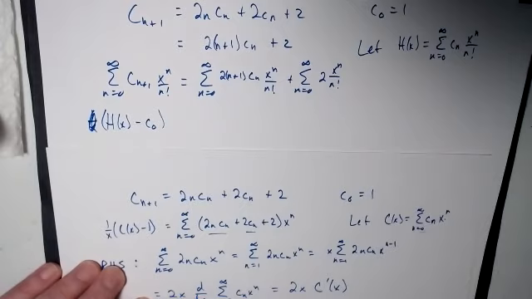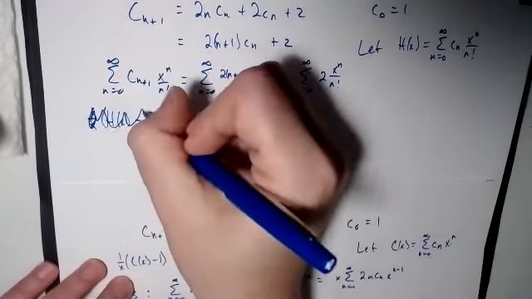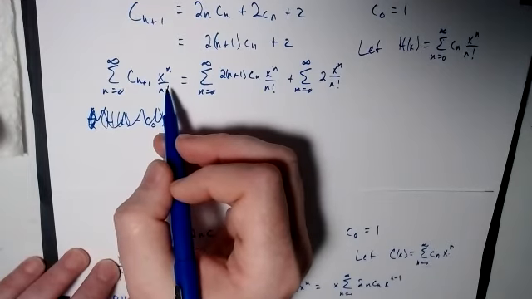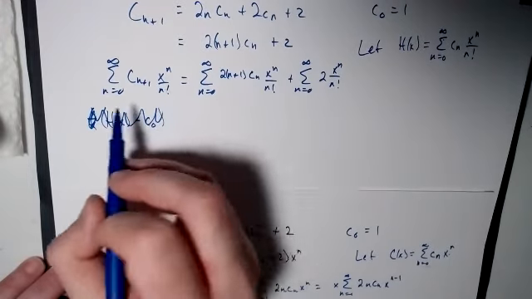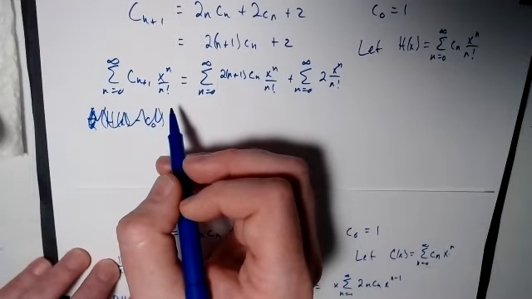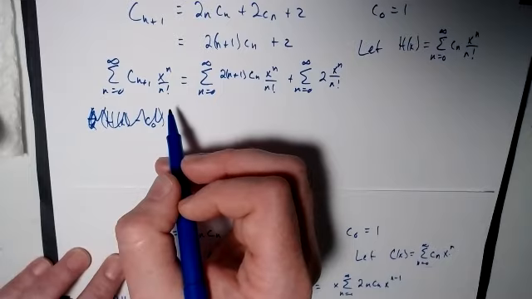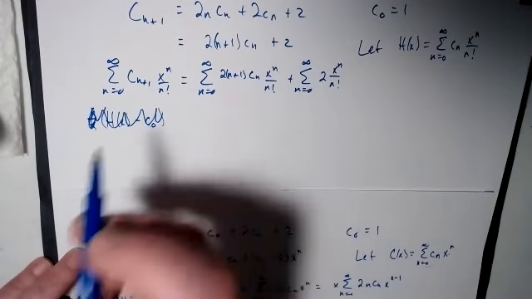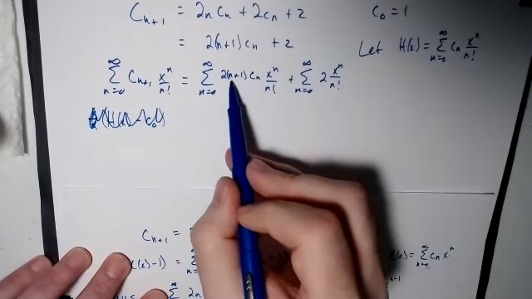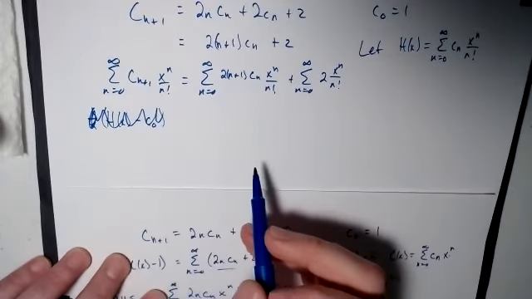Let me actually do the calculation out. Oh, that's the trick I pulled here. Sorry. So this already had an n plus 1 in it, and that had an n plus 1 in it.